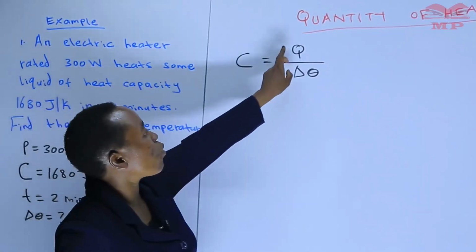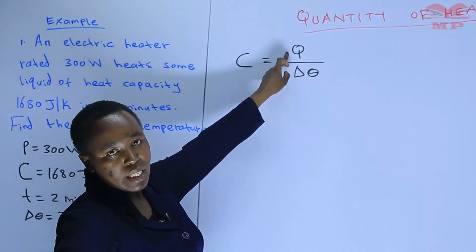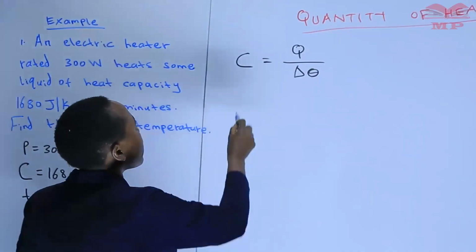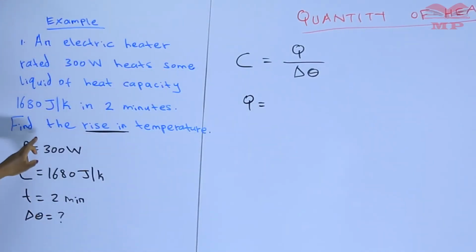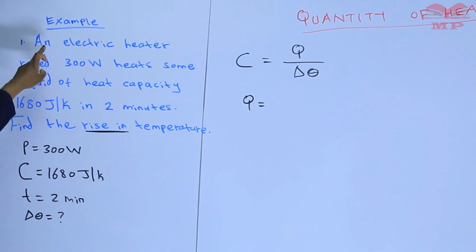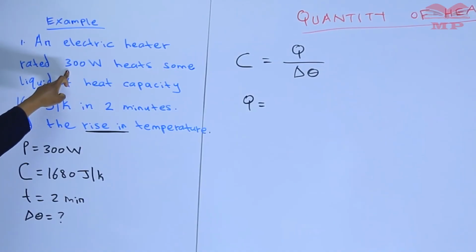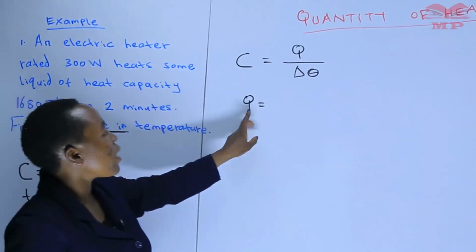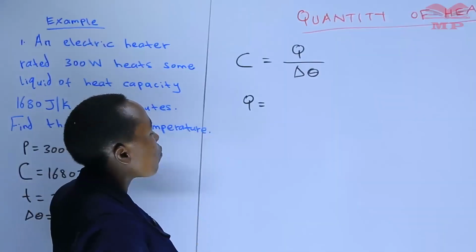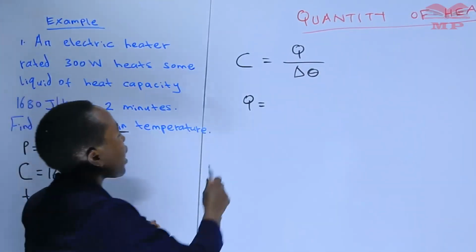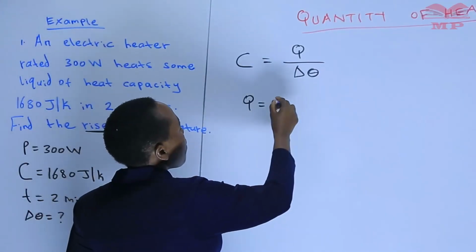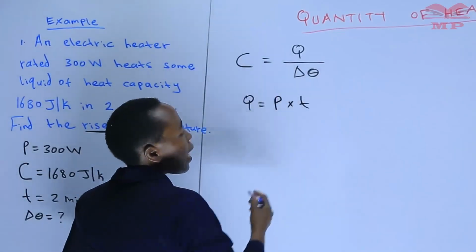But now we need to calculate the amount of heat, Q. So we need to calculate Q. And in this case, we are using an electrical method because we are using an electric heater which is rated 300 watts, and it is heating the liquid for 2 minutes. And we know that heat energy will therefore, from the topic heating effect of an electric current, be given by power multiplied by time.